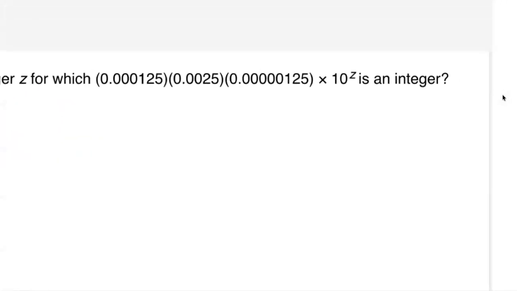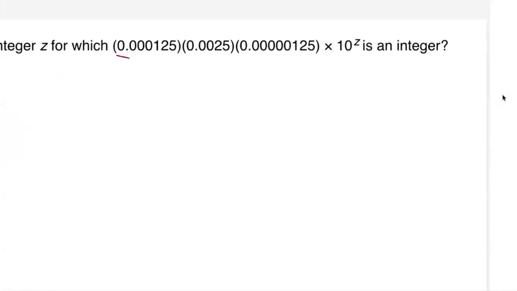to this number be an integer, I need to multiply by 1, 2, 3, 4, 5, 6. This number, 1, 2, 3, by 10 to the power 4.